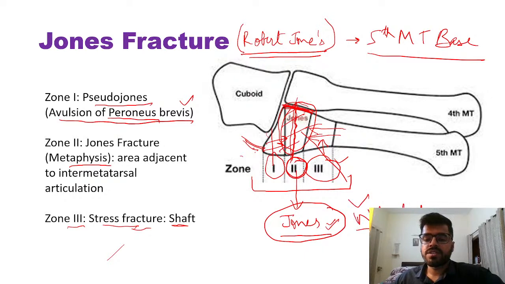The blood supply is precarious here, hence it has a propensity of going into non-union. Watershed area of vascularity and higher chances of non-union in zone 2 fractures, which are Jones fractures. That's why this is important.